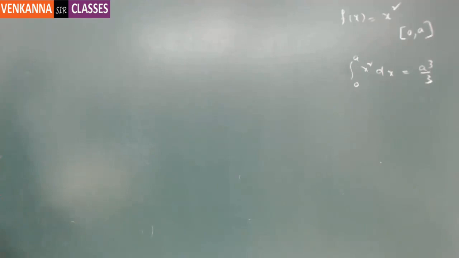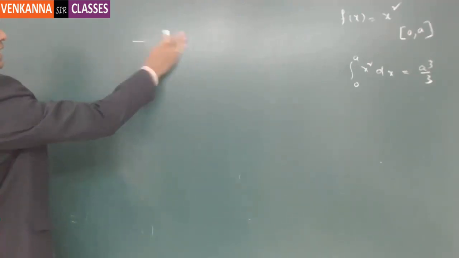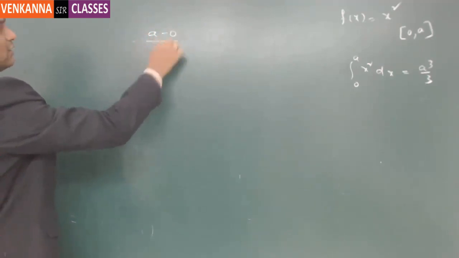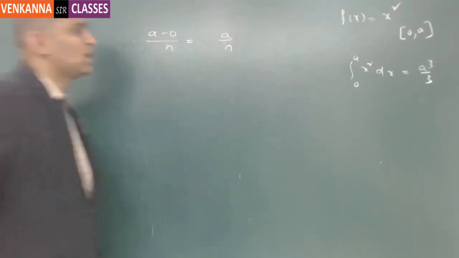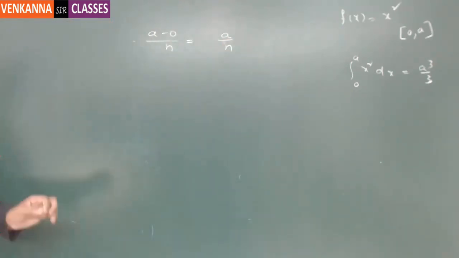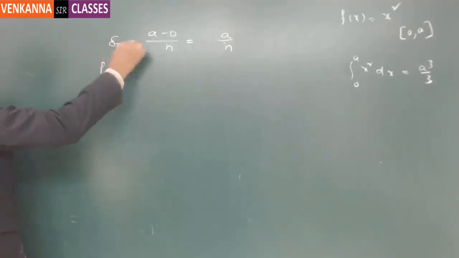So usually we are considering n segments for a given partition. So a minus 0 by n, if you consider, it will be a by n. Why I am saying that? I am going to write the partition as, this is delta r.